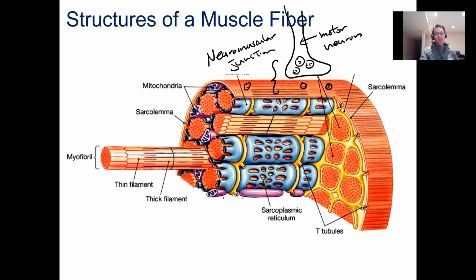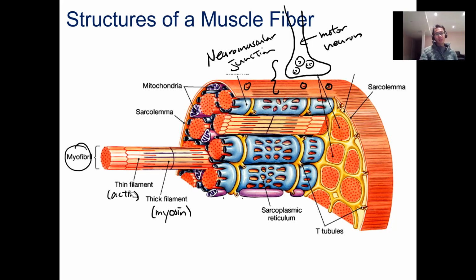What I want you to see in this picture is you have the myofibrils. It's made up of two things, right? The thin and the thick filament. The thick one is the myosin that we talked about, and the thin one is the actin. This is not the first time you heard about actin. Oh, sorry, actually, it might be. I got confused with my first semester. But in the first semester, you learned about actin fibers in the cell organelles. Actins are these microfibers that you will find as part of your cytoskeleton.